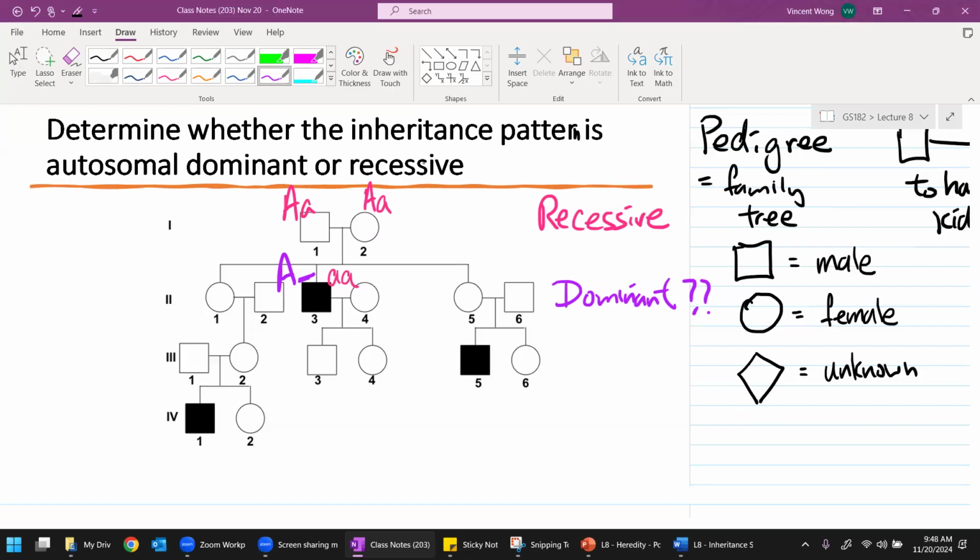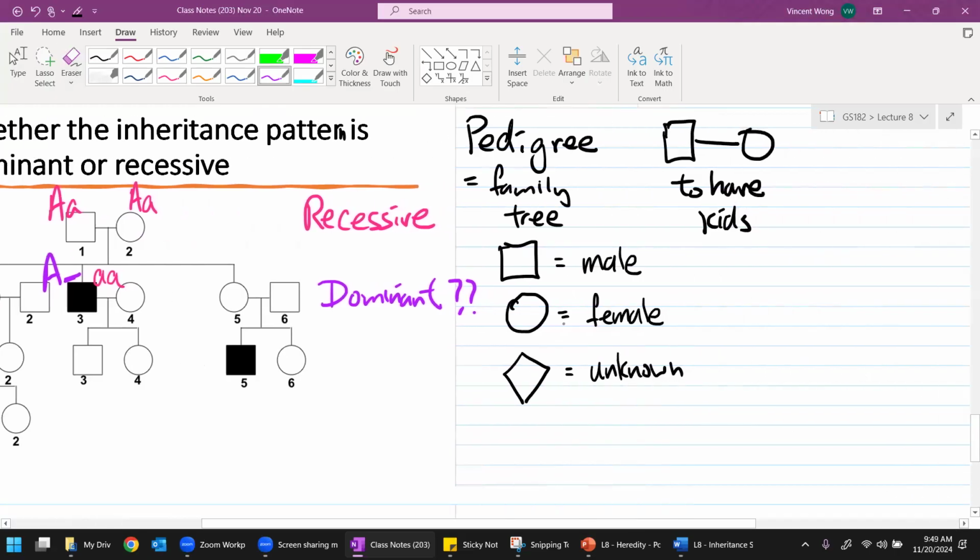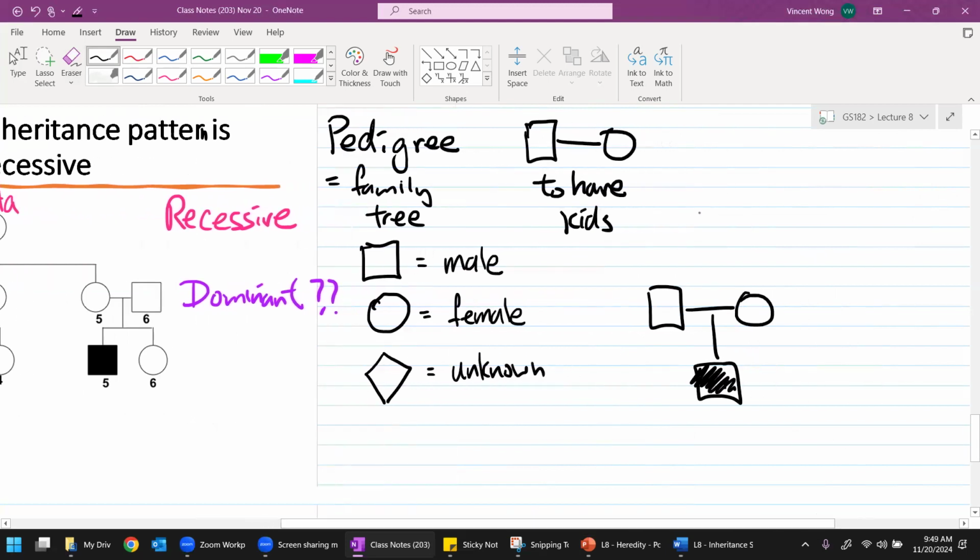One more time. I'm trying my best here. Look, in this kind of situation where the parents do not have the trait, but the child does, or at least one of the children does, it's not possible for this to be a dominant pattern.